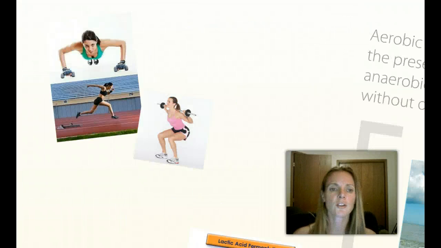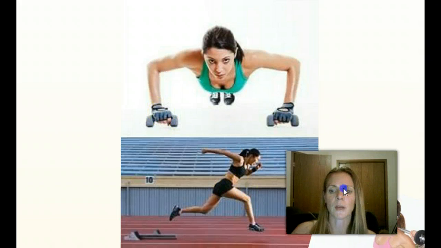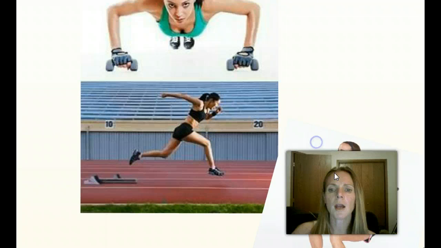On the other hand, an anaerobic activity is typically something very fast-paced that doesn't last for very long. I usually relate that to sprinting or lifting weights, because you're not spending a bunch of time doing it. You might do 10 reps of something, and then you take a rest.